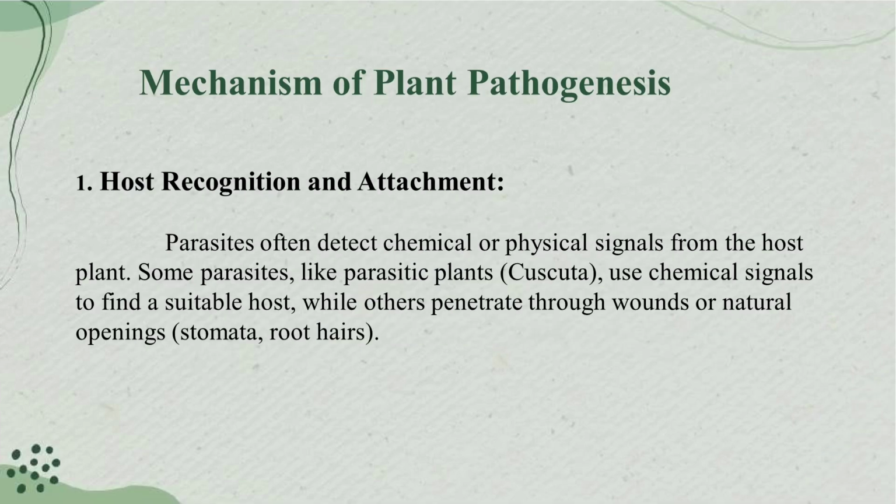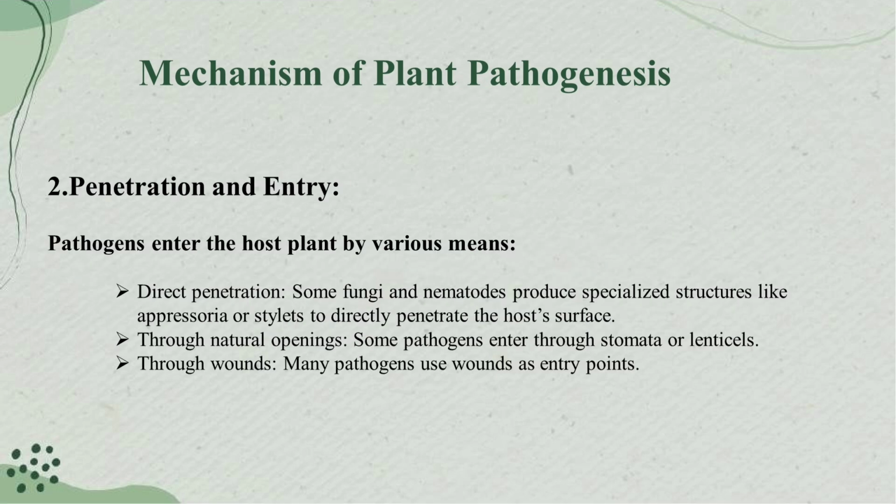Mechanisms of plant pathogenesis. Host recognition and attachment. The parasite detects signals from the host plant to find and attach to it. Some, like Cuscuta, use chemicals to locate a suitable host. Others enter through wounds or natural openings like stomata or root hairs. Penetration and entry. Pathogens enter plants in different ways, like direct penetration, natural openings, or wounds.